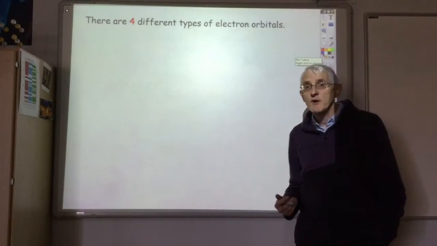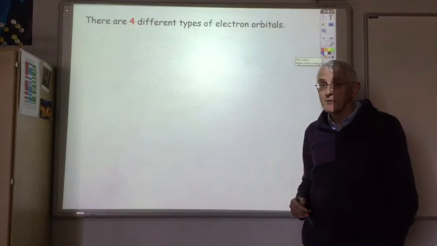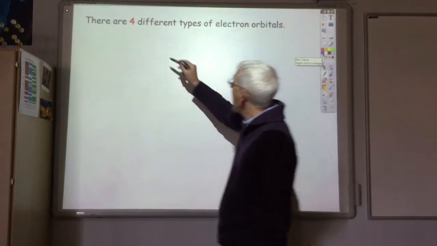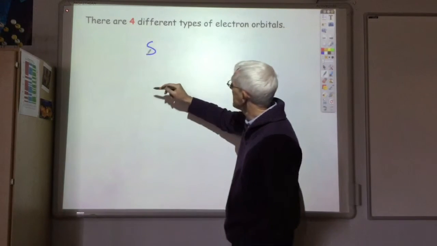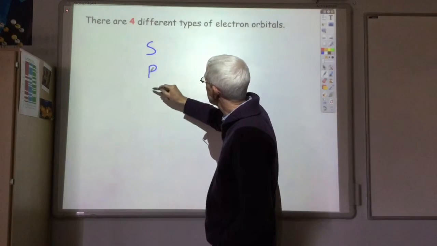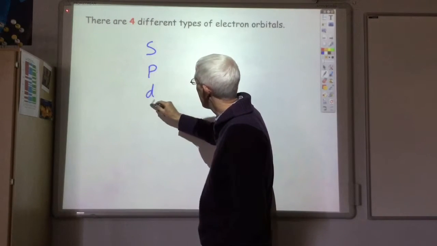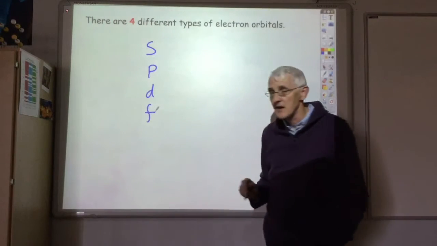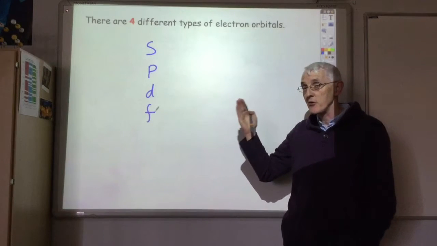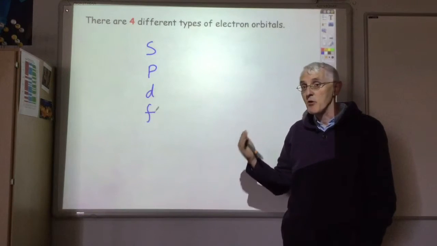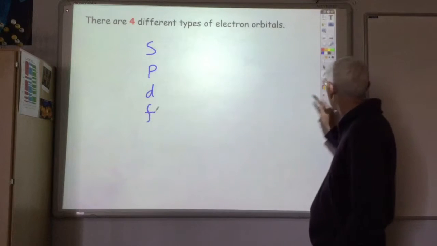There are actually four different shapes of electron orbitals: s orbitals, p orbitals, d orbitals, and f orbitals. And I'm now going to go through each one of these in turn and explain what the shapes of these orbitals are.